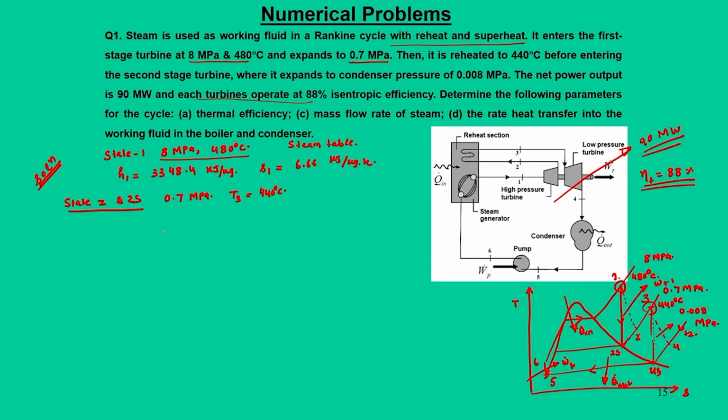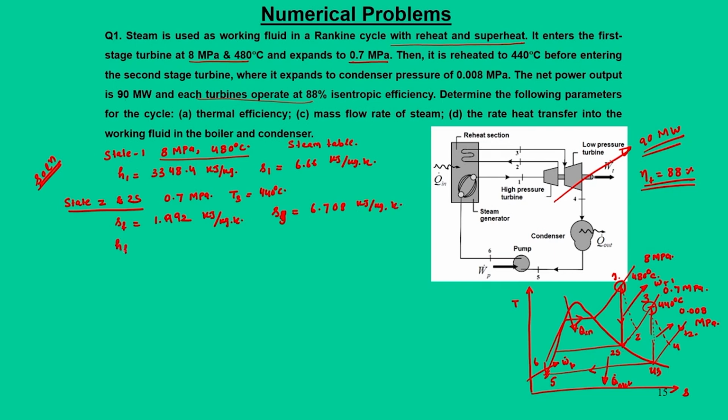At this state we have data: Sf, the entropy value in the saturated liquid state, is 1.992 kilojoule per kg Kelvin. These values we can get from the steam table data. Entropy at the saturated vapor state, Sg, is 6.708 kilojoule per kg Kelvin.